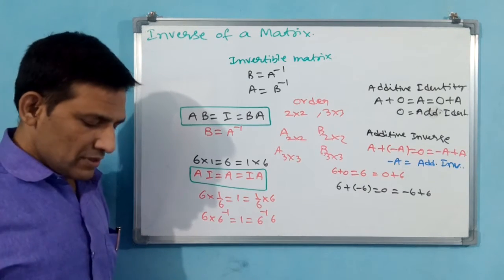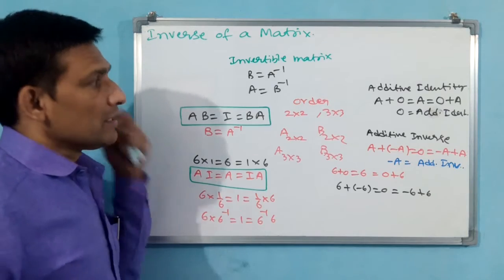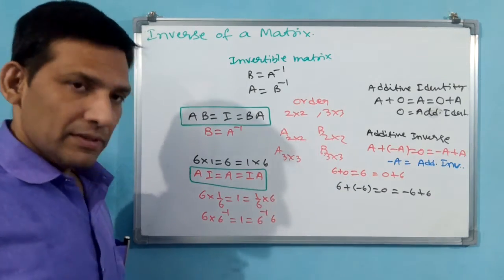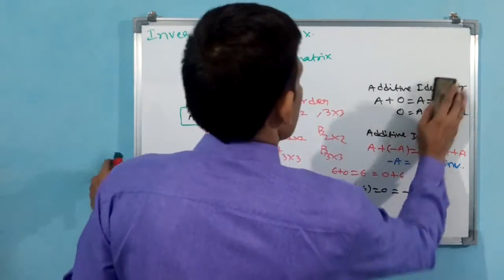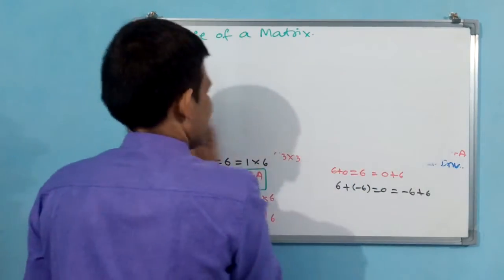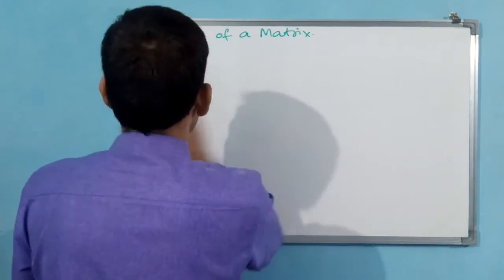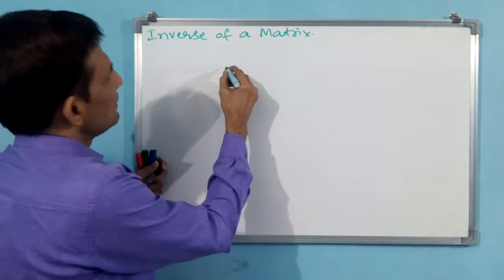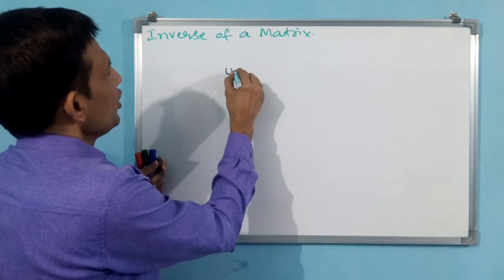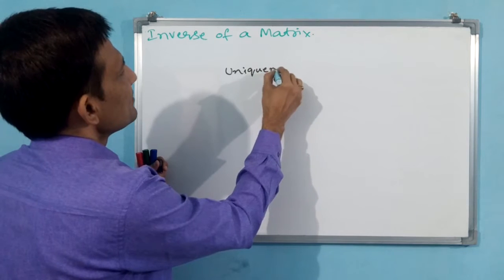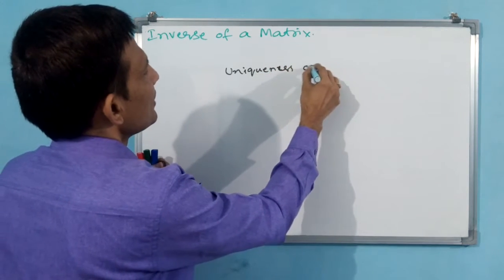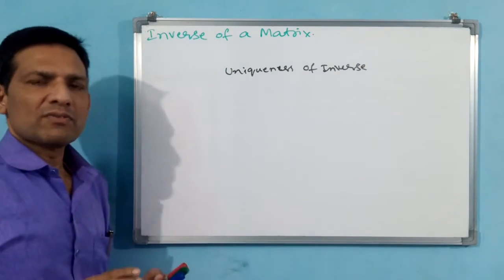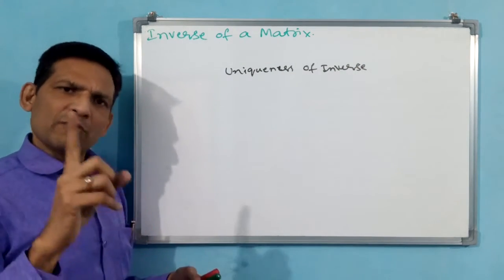Now one more small concept. One theorem or property, whatever you say: uniqueness of inverse. What is uniqueness? Unique means one.